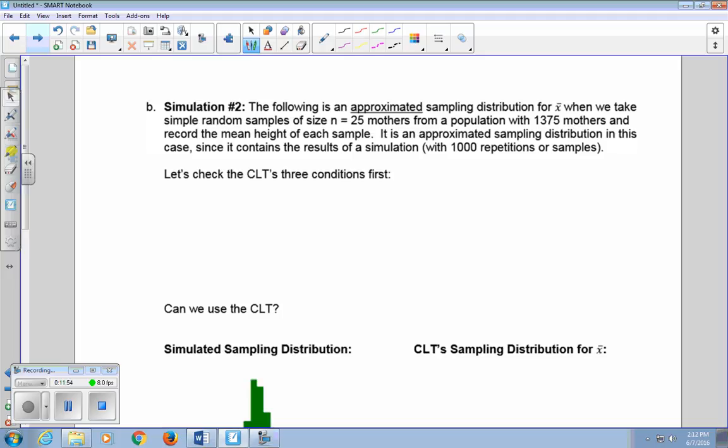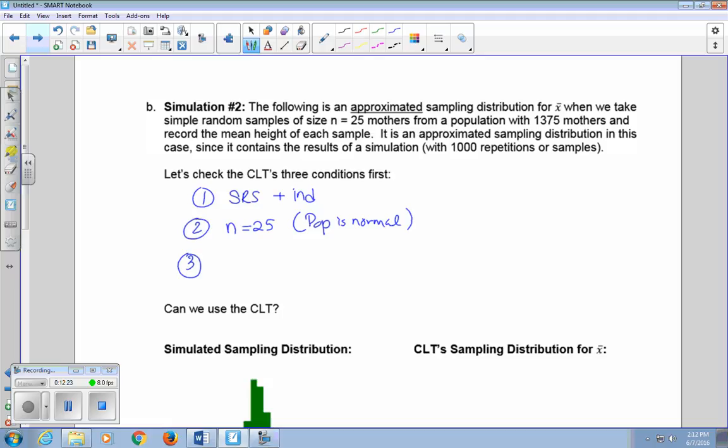Let's check our CLT's 3 conditions. 1, did we have simple random sampling? Yes. And independence. 2, n is equal to 25, which is greater than or equal to 25, and our population is normal, so we met both of these even though we only needed 1.